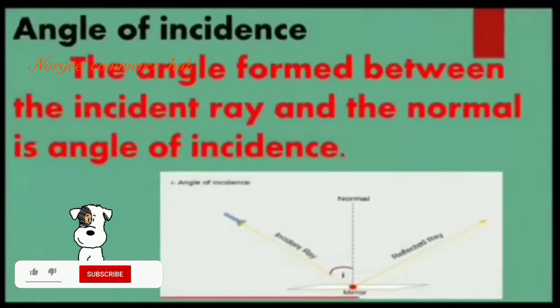Next one, let us see about angle of incidence. The angle formed between the incident ray and the normal is the angle of incidence. See this picture. It is denoted by the letter i.